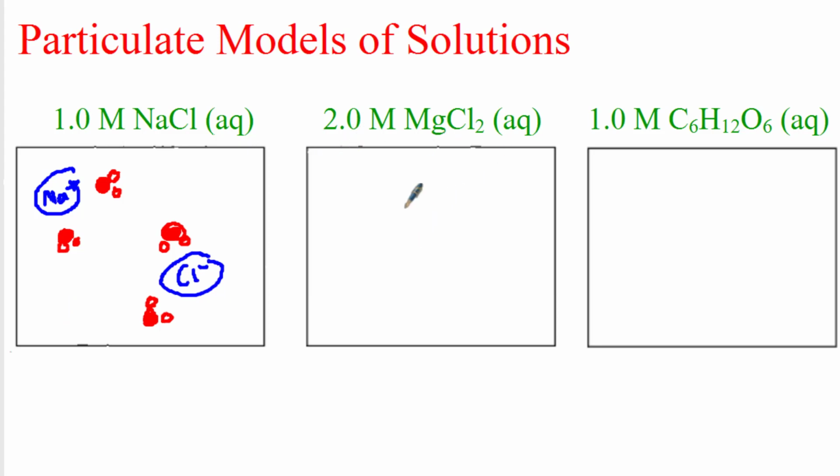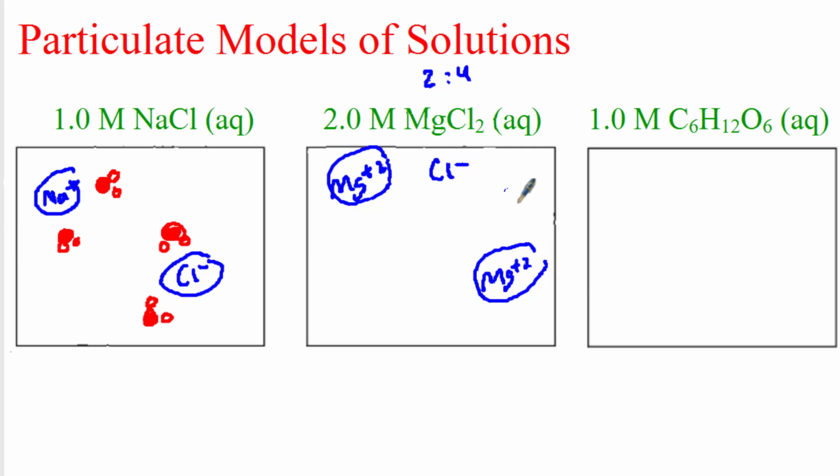So what would 2 molar look like? 2 molar would look like 2 particles of magnesium. So we have 2 particles of magnesium ions, because remember they break up. Now for every 2 magnesiums, we're going to have 4 chlorides because there's a 1-to-2 ratio here.